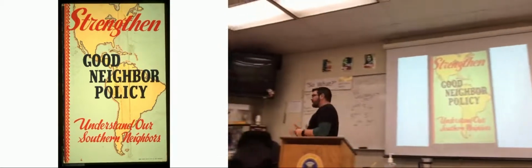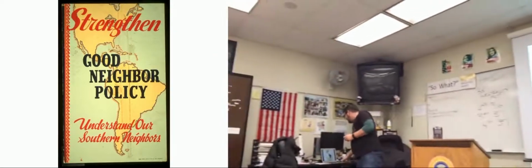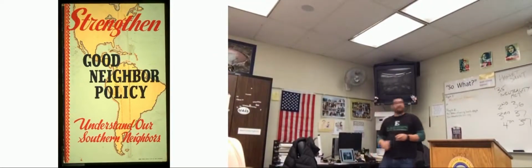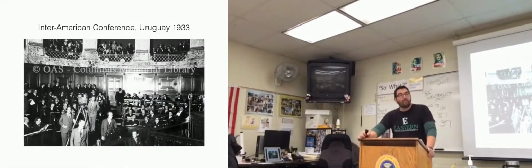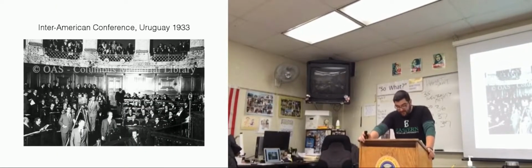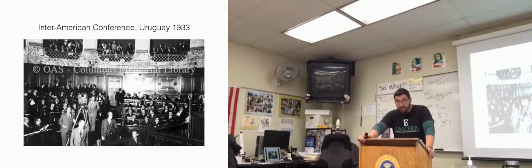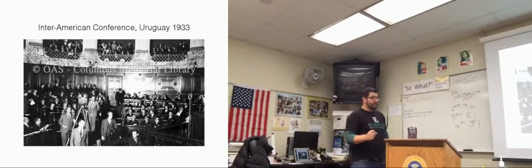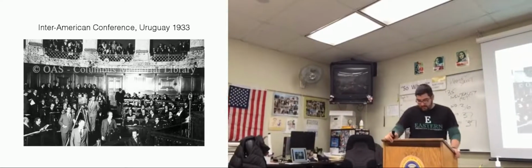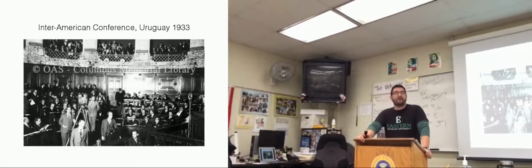So let's run through really quickly a few meetings that were had between Latin American nations and the United States and what will ultimately result from this good neighbor policy. First, in Montevideo, Uruguay, 1933. What is known as the Inter-American Conference.